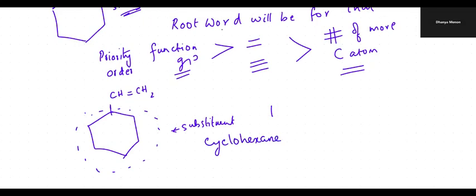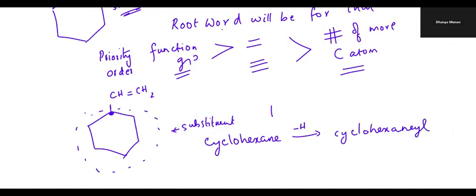From this carbon, one hydrogen has been removed, so it will become cyclohexanyl.